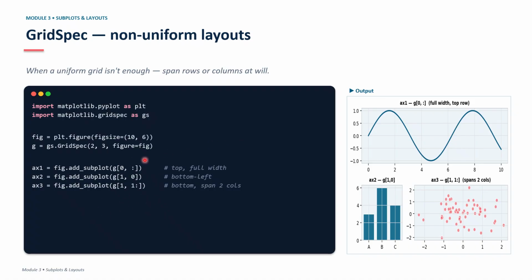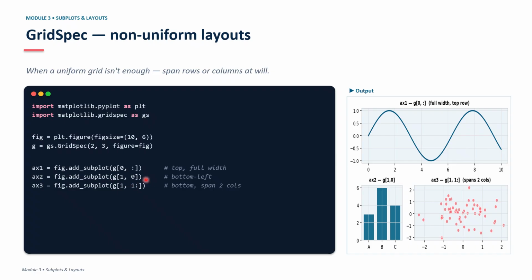So you can see here this entire row and the entire column. This is row 0 and all the columns are taken into consideration as ax1, so it will cover this entire area. Okay, got it? And now ax2, I have given as fig.add_subplot of g of 1 comma 0.